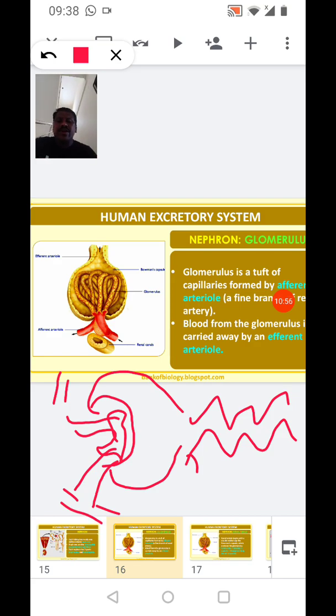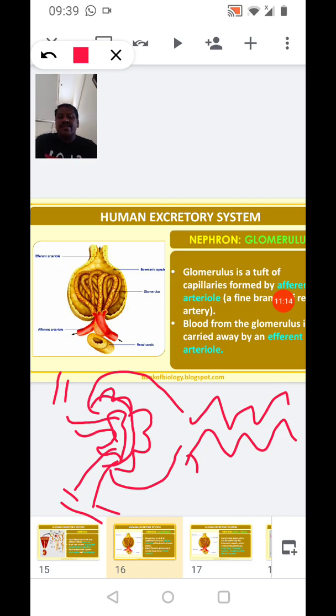And here you should remember the wall of Bowman's capsule is made up of special cells. These special cells are known as podocytes.